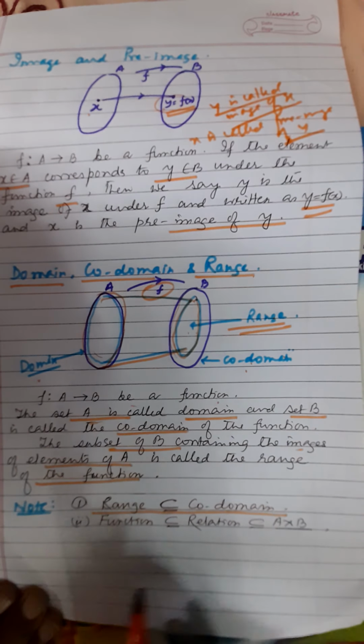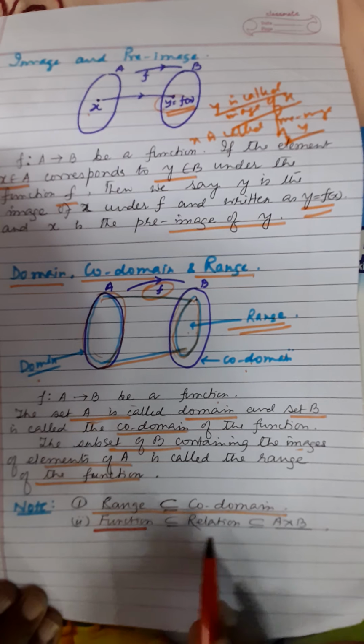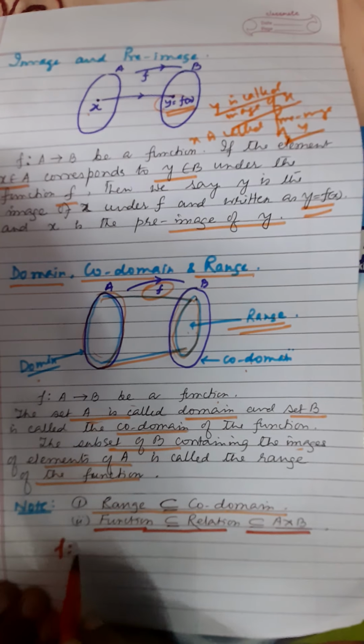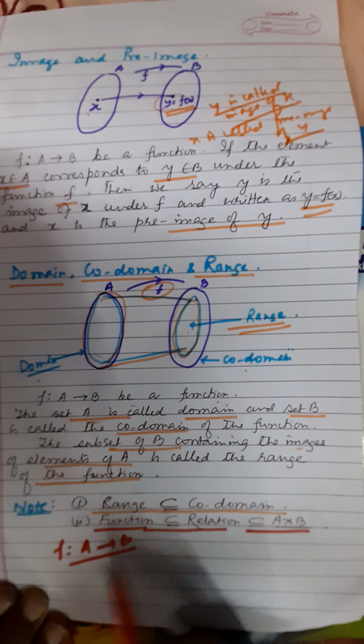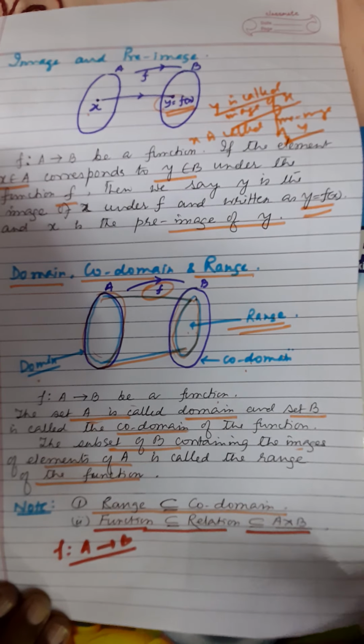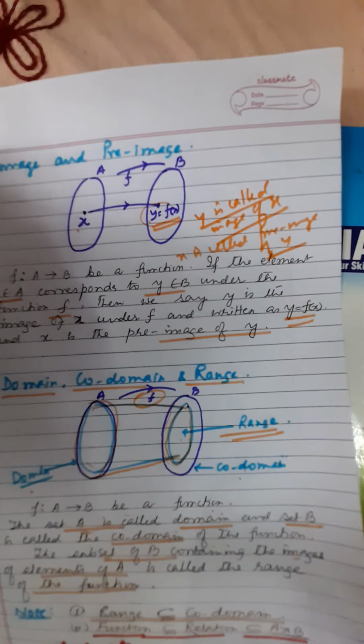And another thing, a function is nothing but a relation. So a function is a subset of a relation and a relation is a subset of A cross B. If f: A to B is a function from A to B, then the function is a subset of A cross B.